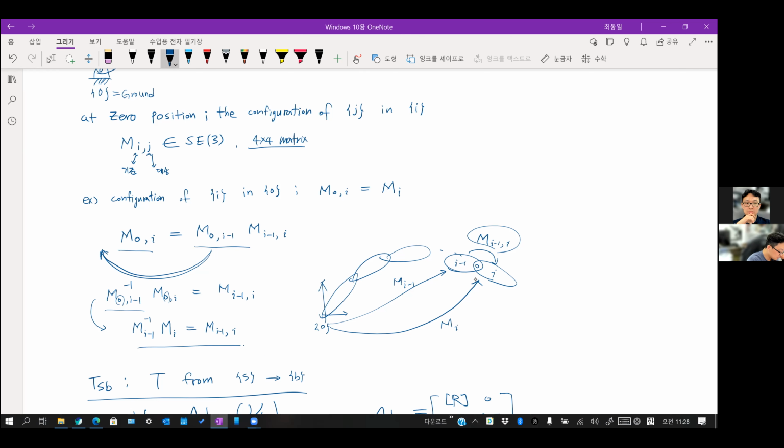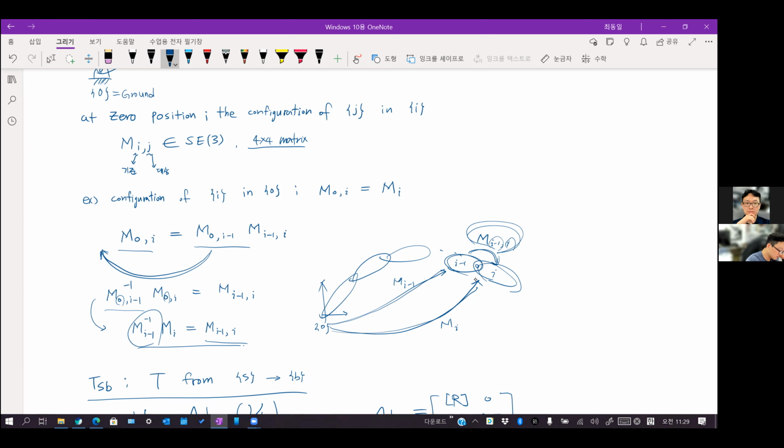So some arbitrary i-1,i configuration, that means from i-1 to i, this configuration can be calculated using the inverse of this one and this one.